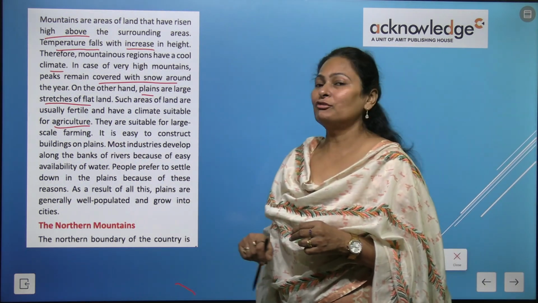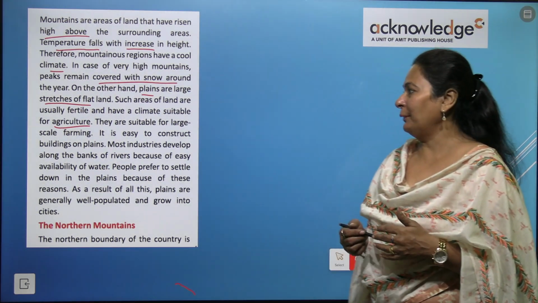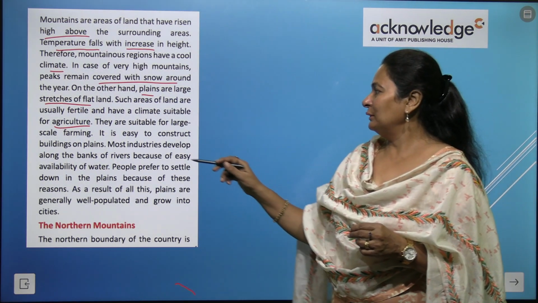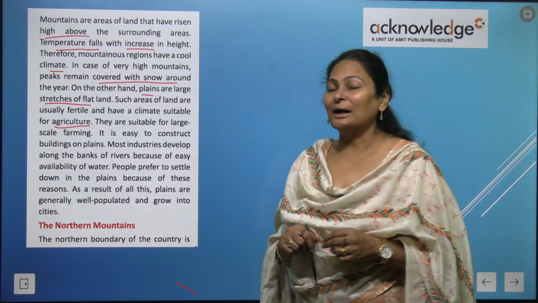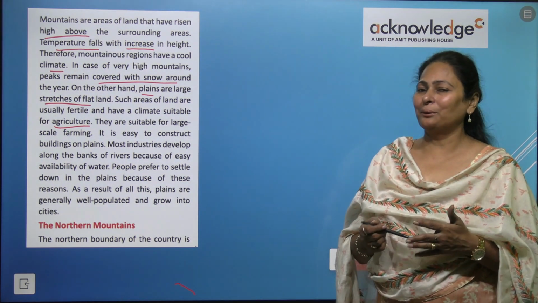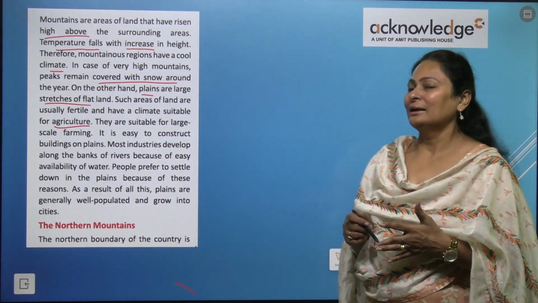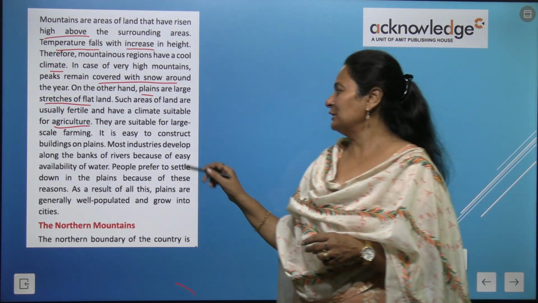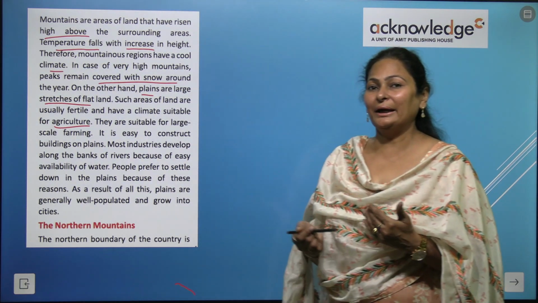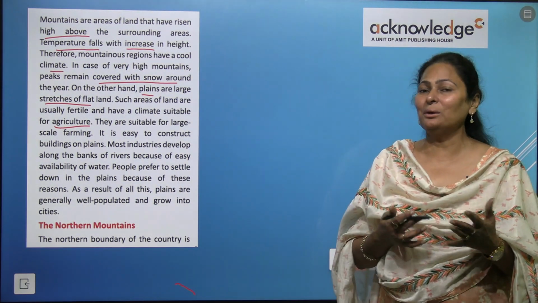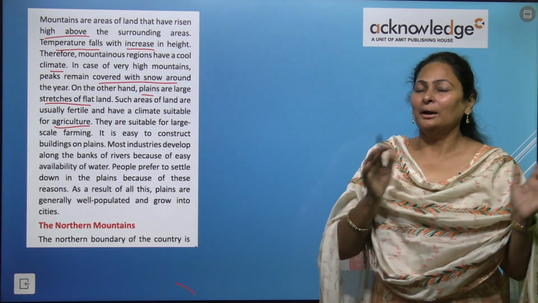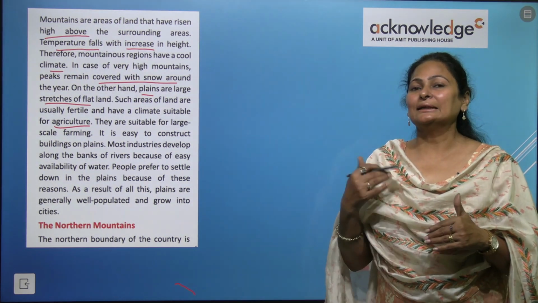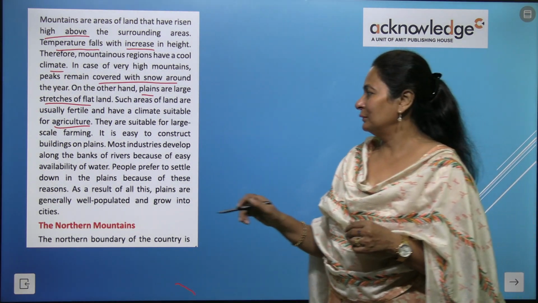They are suitable for large scale farming. It is easy to construct buildings, factories, industries, houses on plains, right? It is very difficult to construct on mountains, or you can say it is just impossible.